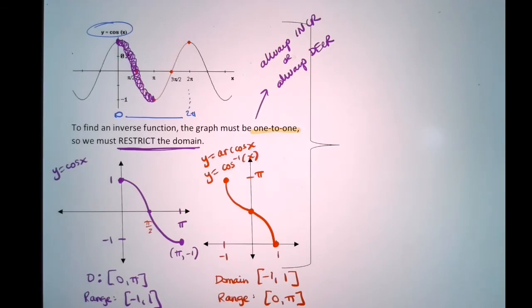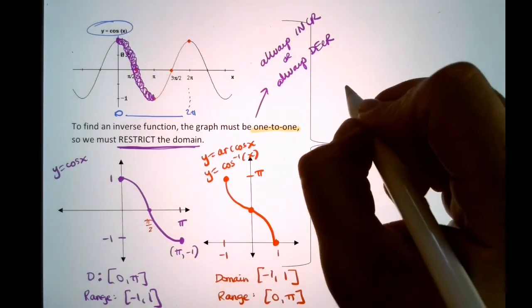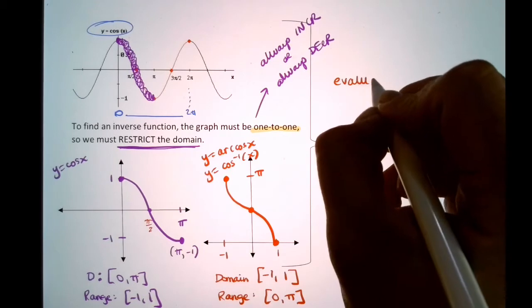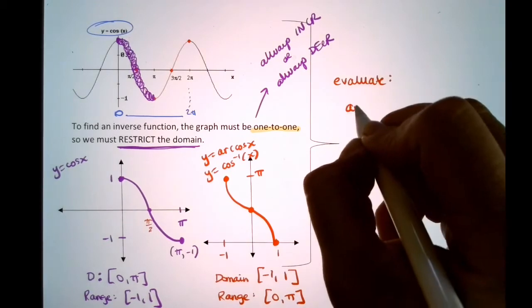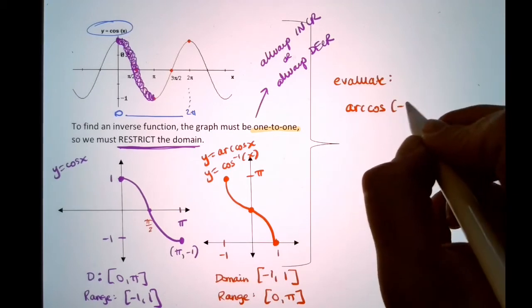Okay, so let's be clear about what we're going to do. We're going to evaluate some things. I'm just going to make some stuff up, and we're going to translate it. So I'm going to ask you to evaluate arc cosine of -1.